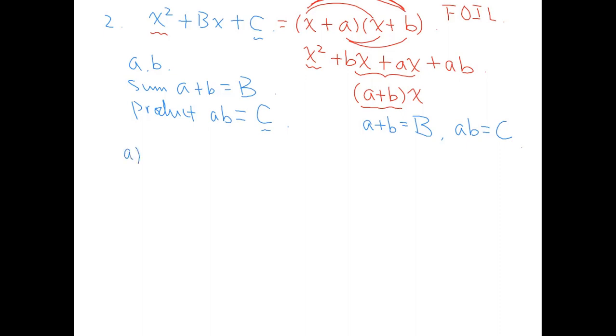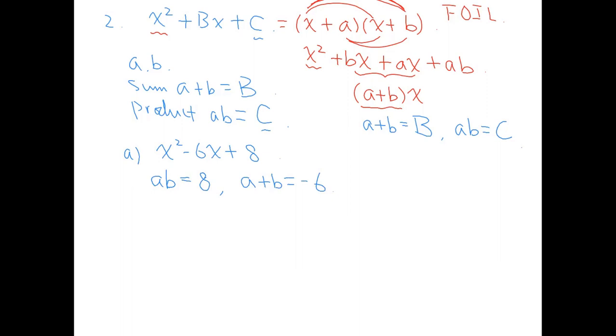Let's say here we have x squared minus 6x plus 8. So we want to try to find two numbers whose product is c, which is 8, and the sum is -6.